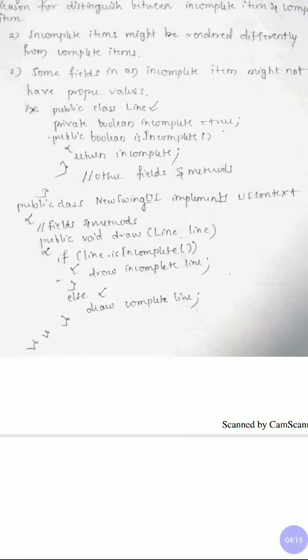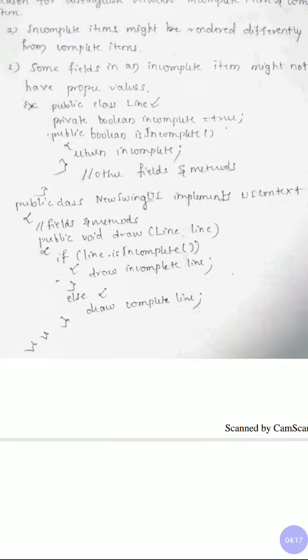Then we have to draw the incomplete line, else it is going to switch to drawing a complete line. This is with respect to drawing incomplete items.